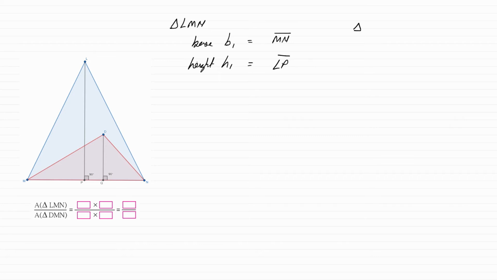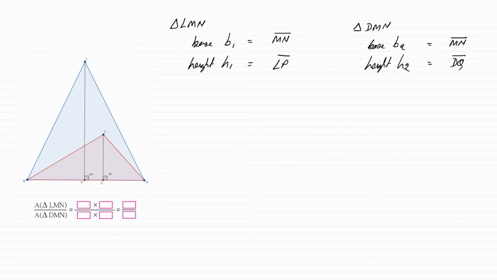Then there is a second triangle, which is triangle DMN. This also has base B2 and height H2. Now base B2 is the same segment MN and height H2 is DQ.